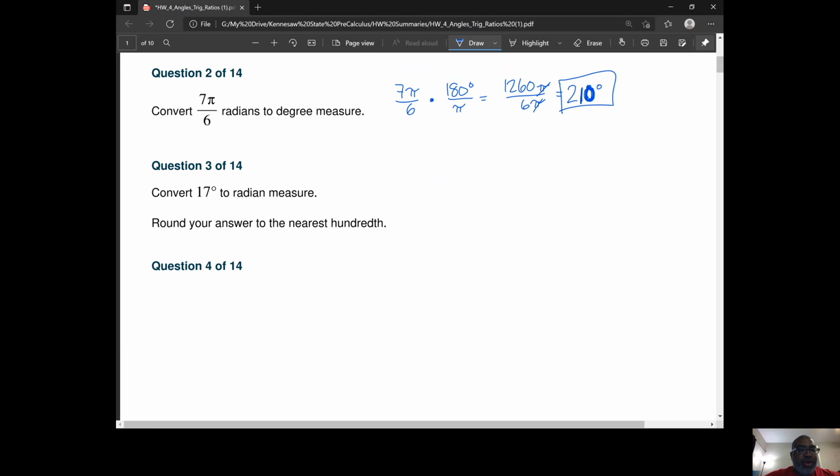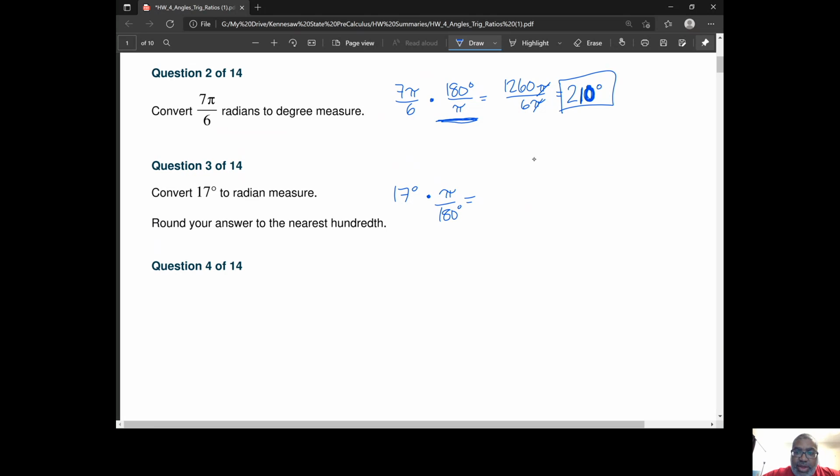Convert 17 degrees to a radian measure, round to the nearest hundredth. So we have 17 degrees times pi over 180.